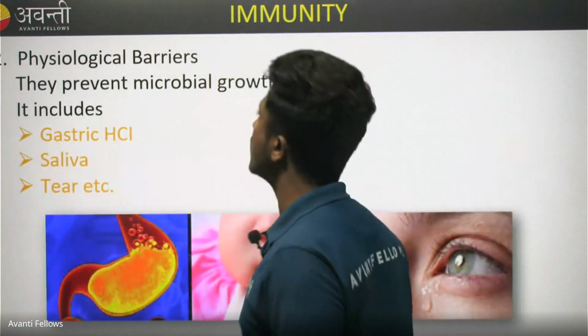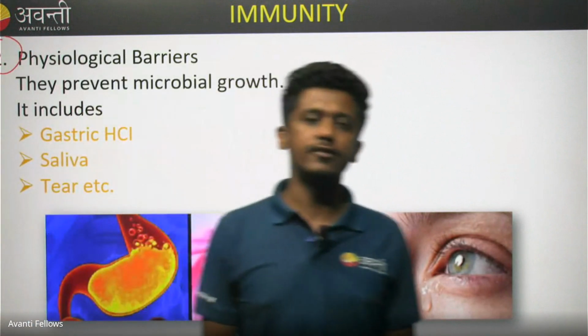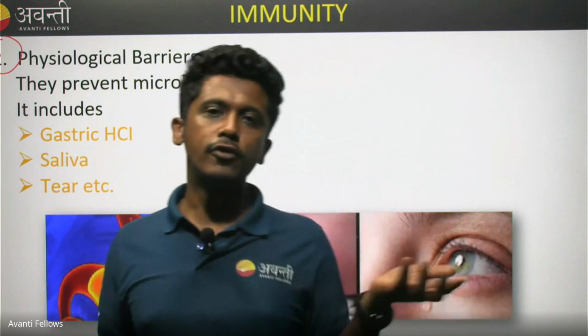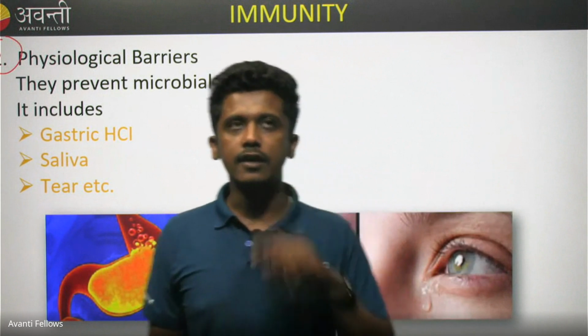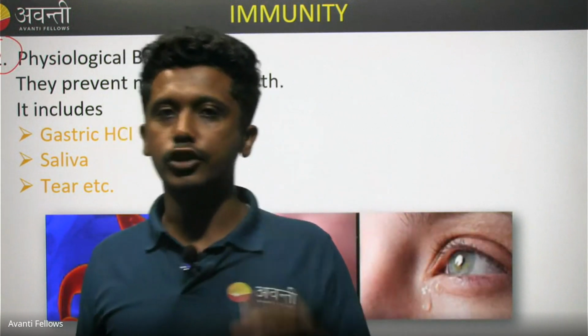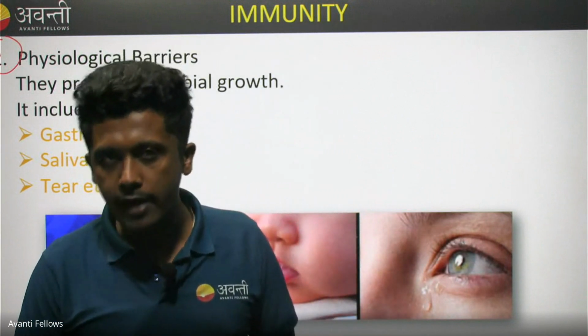Coming to the physiological barriers, it's very easy to understand the difference between physical and physiological. When we talk about physical barriers, it is just plain. Physiology is when your cells are performing a specific function or activity, and that is called a physiological barrier.